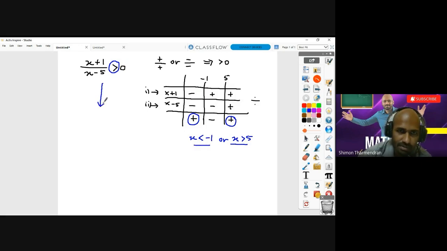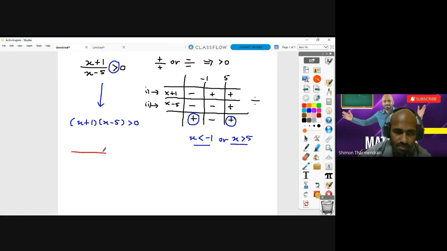Another way to solve this, I can just change this thing to become multiplication, like just now how with the modulus I can square. I can just multiply x plus 1, x minus 5 greater than 0. I can solve for this, I'll get the same answer.